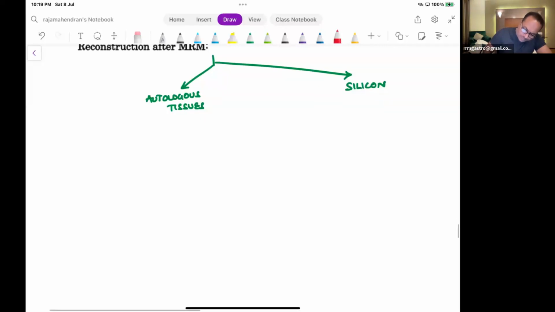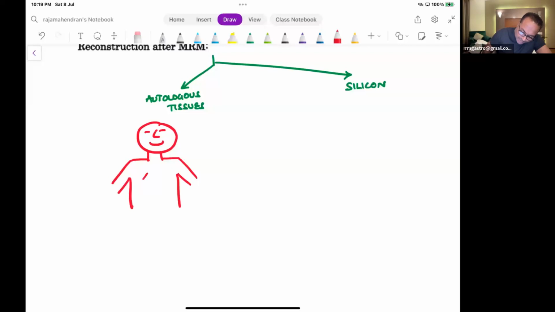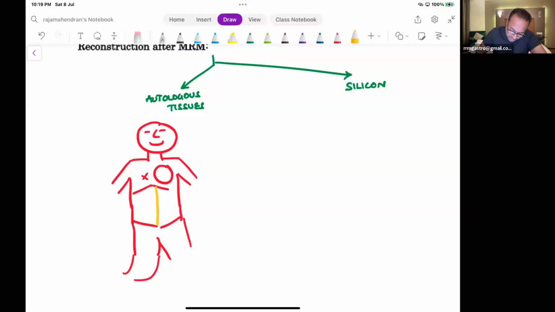See, please don't forget this picture I'm drawing now. This lady underwent right side MRM. Let us assume she has had the right side breast removed. Left side breast is there. For right side breast reconstruction, the olden method, very old method, we have done so many cases like this, is to use the rectus abdominis.